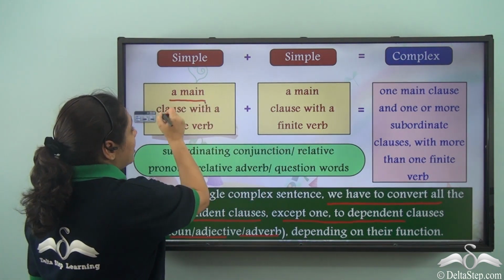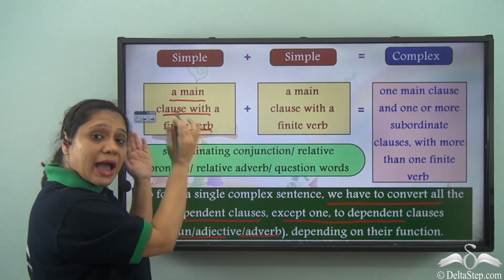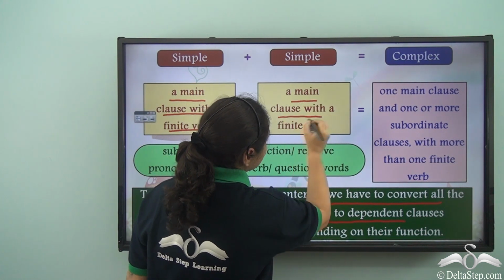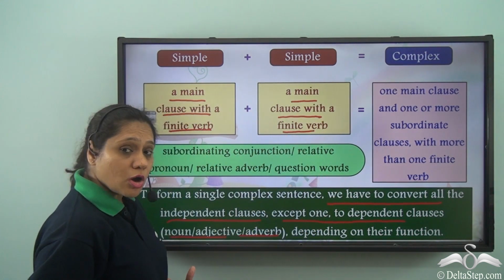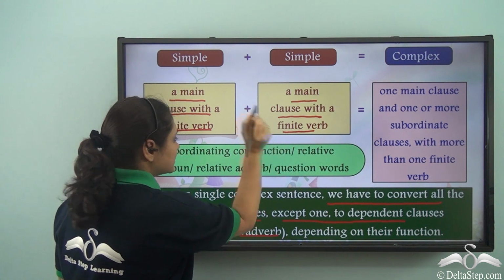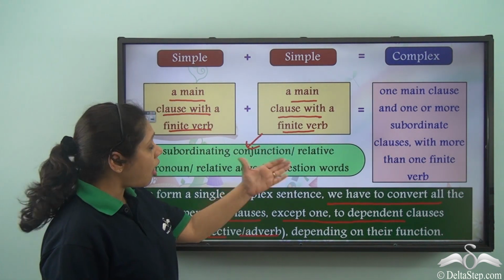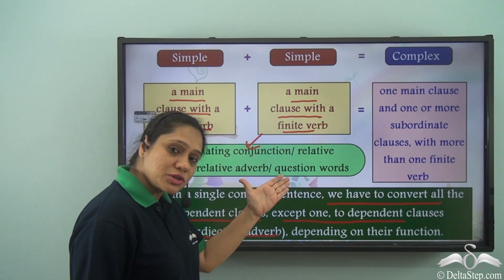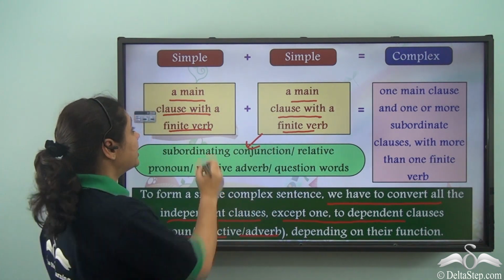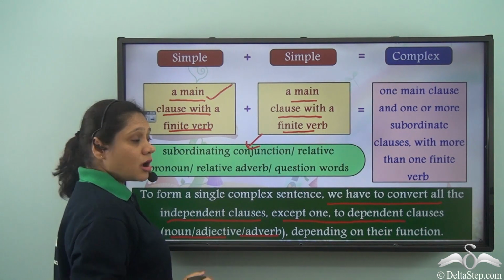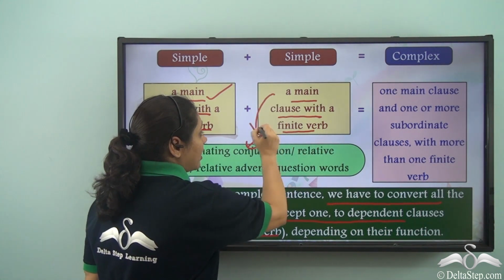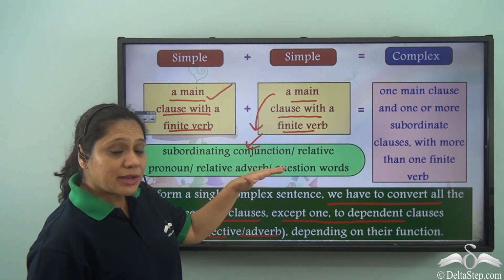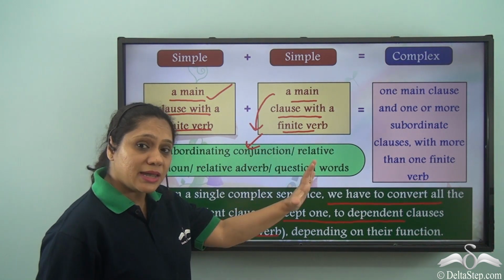We are keeping one main clause as it is, and the other main clause will be changed to a subordinate clause with the help of a subordinating conjunction or relative pronoun or relative adverb or question word. So, essentially, we will have one main clause and a main clause which has been changed to a subordinate clause with the help of these things.